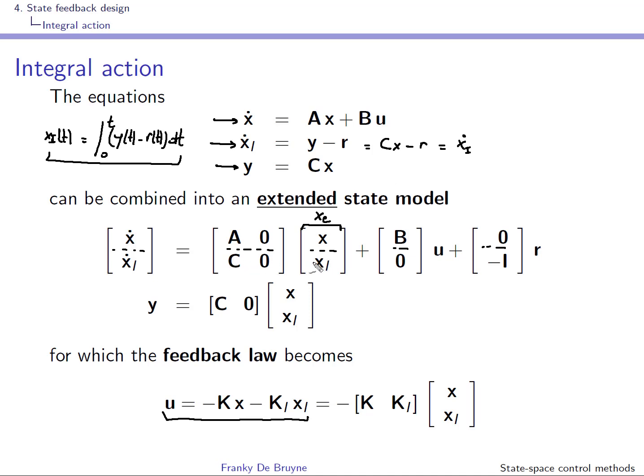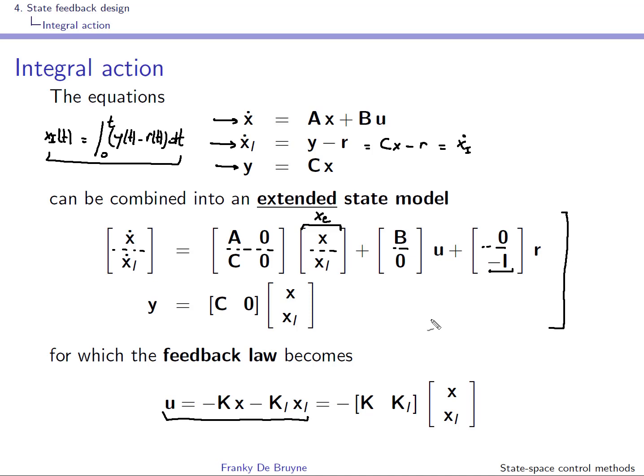There's no dependence on xi, there is no dependence on u, minus r, so I need a minus identity matrix over here, and the output only depends on x, so this is the extended state model.